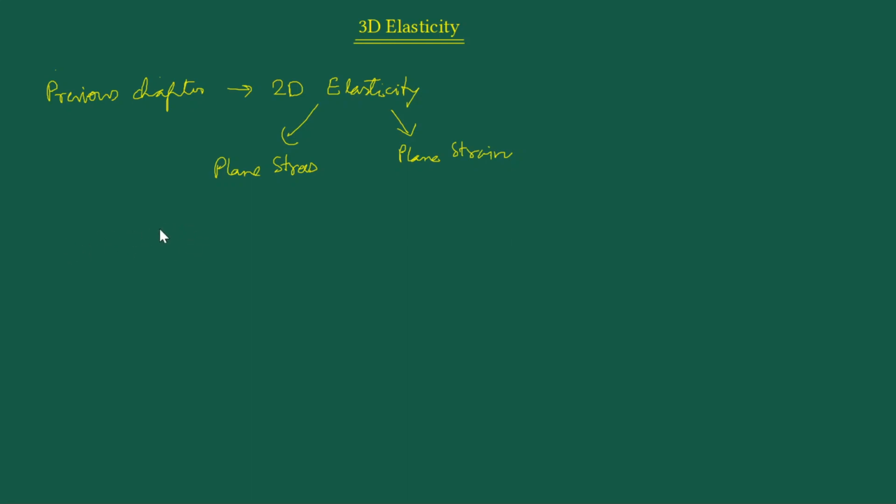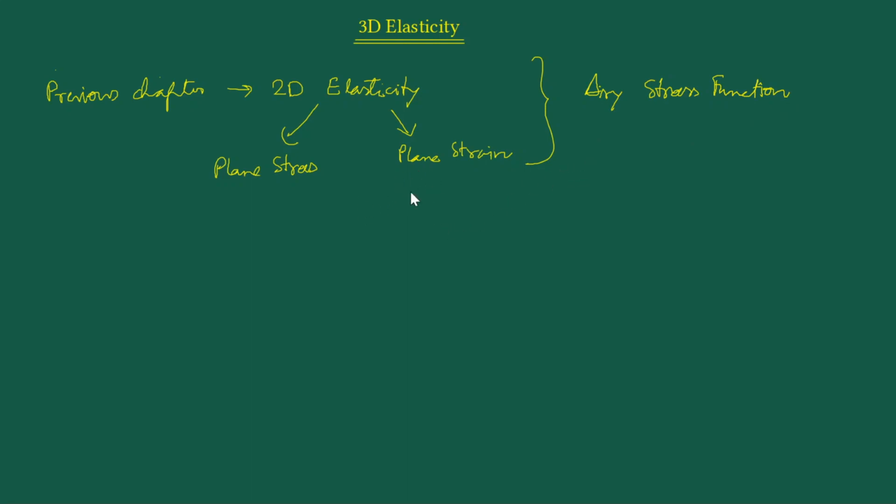Now, out of those methods, the one that we'll choose to discuss within this chapter is one which will have a natural connection with the 2D elasticity chapter. So basically in 2D elasticity, what we did was we used the Airy stress function approach. We used the Airy stress function approach, and we had done a number of different problems with that.